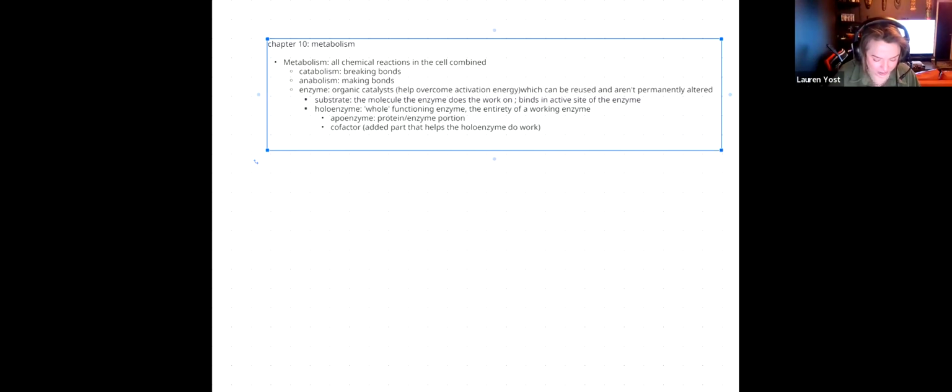This is usually a big broad term for any cofactor. So this would be any added molecule. But then coenzyme is the more specific term. So this will be the organic or carbon-based molecules. This would include things like usually our vitamins and stuff like that.